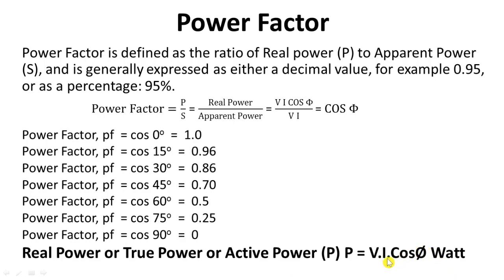Now see, there is no change in voltage and current, but due to power factor this active power or true power increases or decreases according to the phase difference between voltage and current.